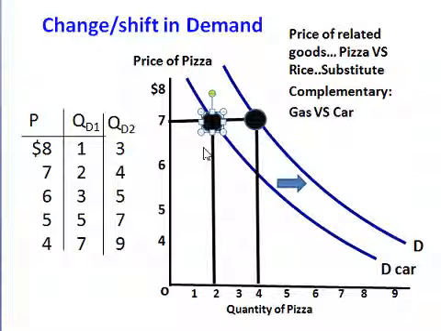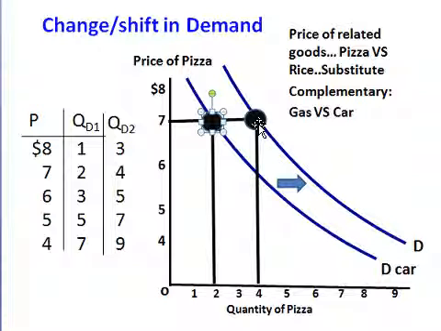Why? Because suppose the price of gas drops, and at the same time the price of car has gone up. As a result, the demand for car will not shift right, because the price of car has gone up.